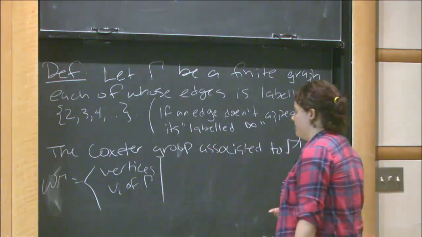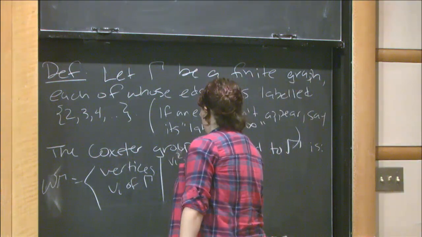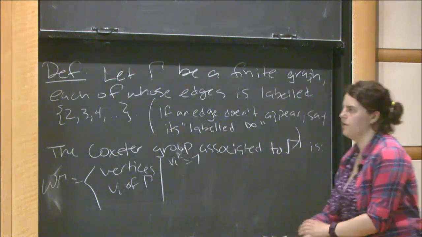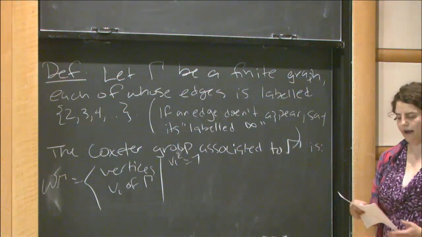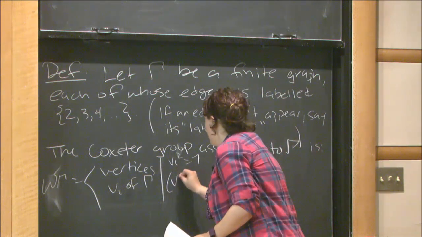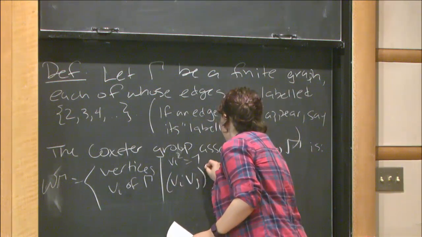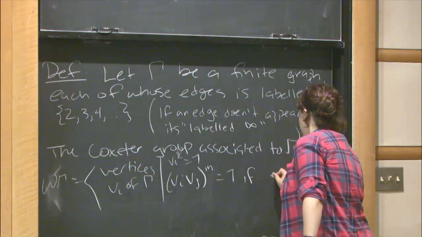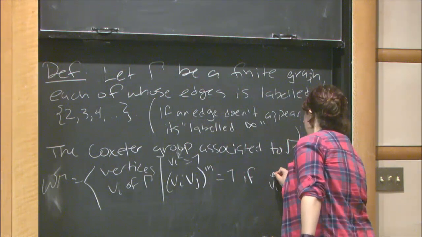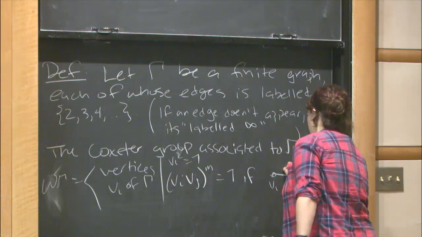And again, we're still going to have vi squared equals 1 for every generator. But now we're going to have (vi vj) to the m equals 1 if the edge between vi and vj is labeled m.